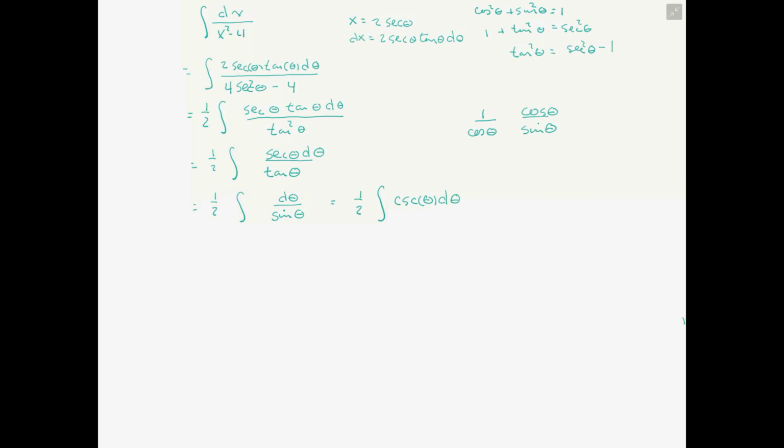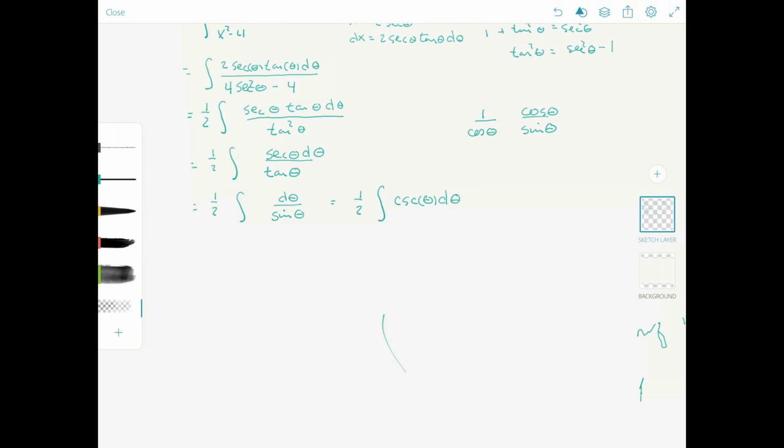And we have 1/2 d theta over sine theta, and that's equal to 1/2 cosecant theta d theta.